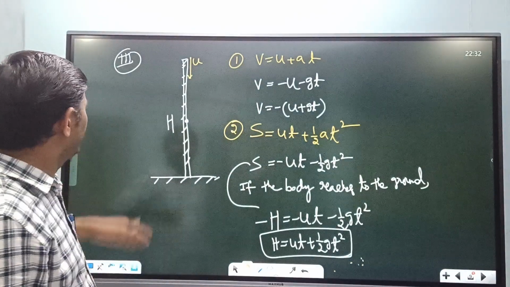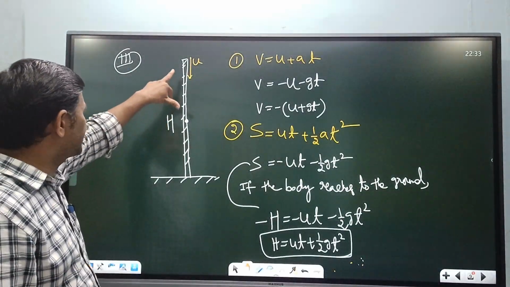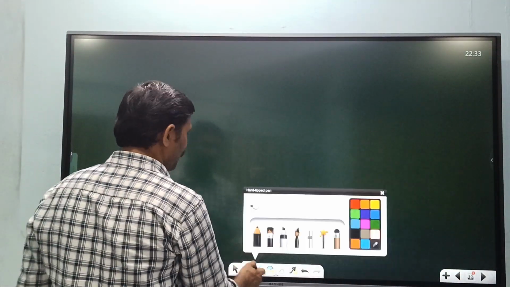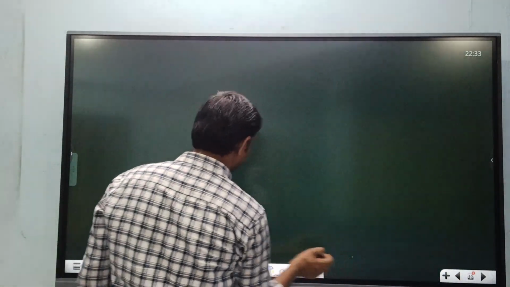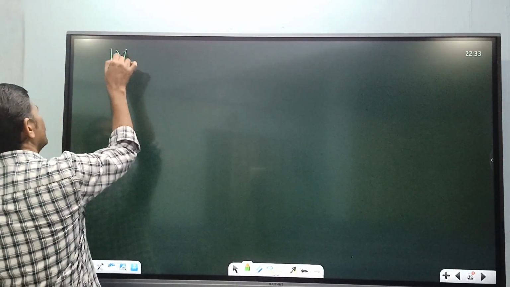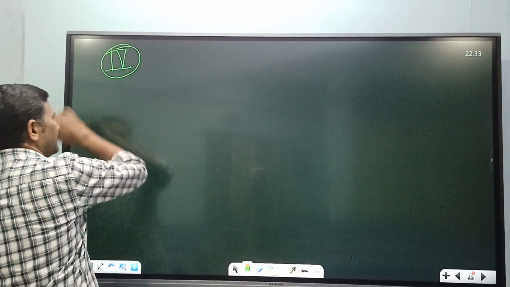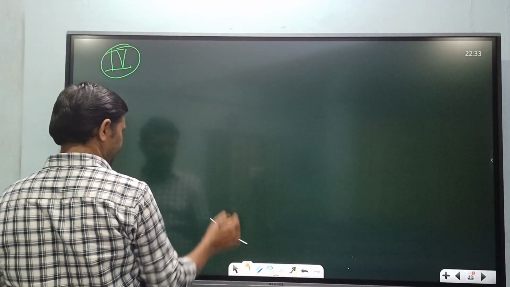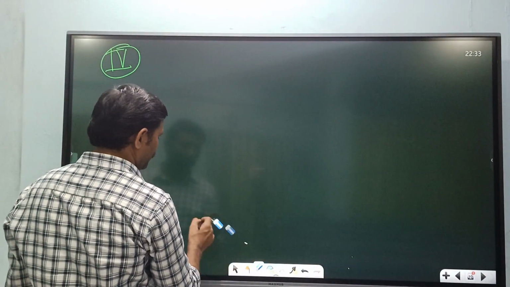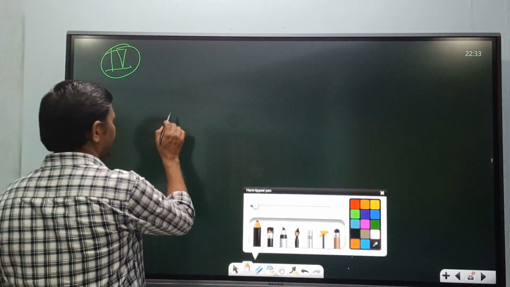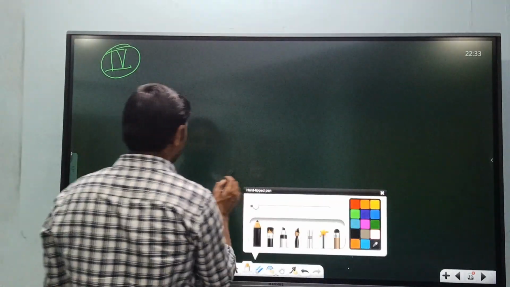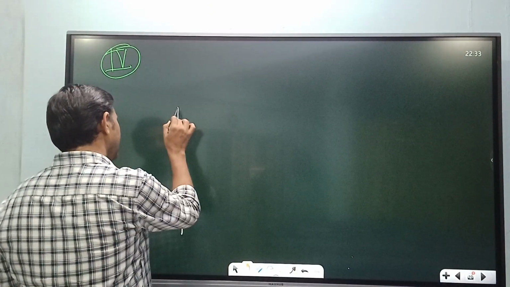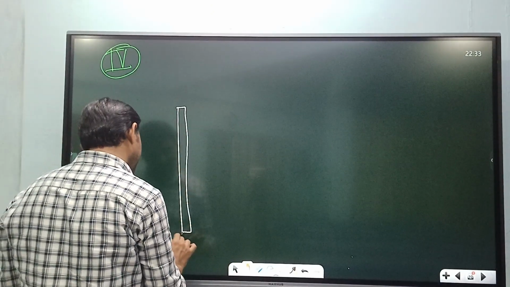Next, the fourth case is vertical projection from the top of a tower. Suppose this is a tower of height h.